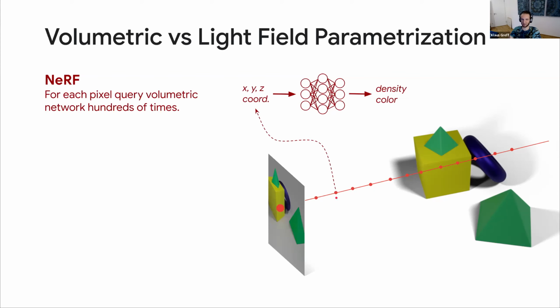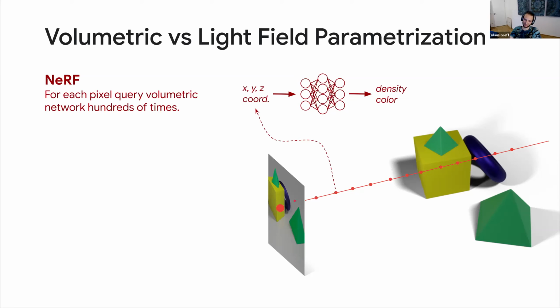Each one has an XYZ coordinate, and for each one of those points, you pass it through the neural network, typically a small multi-layer perceptron, to then get a density and a color, which is then integrated along that ray to figure out that this ray first hits the yellow, so the yellow does occlude, and the purple that comes later is not being visible.